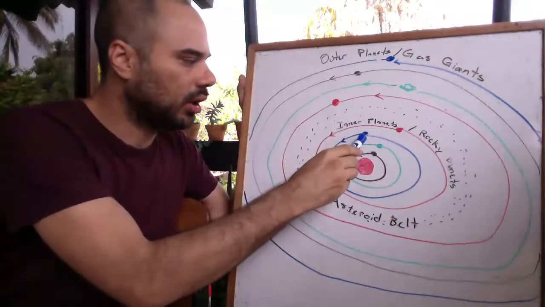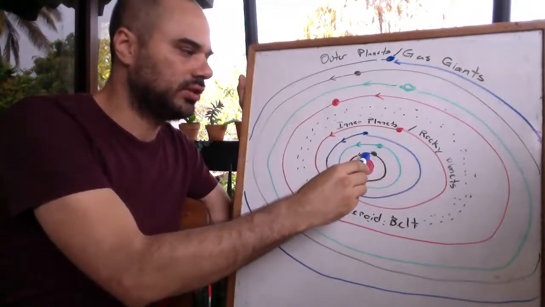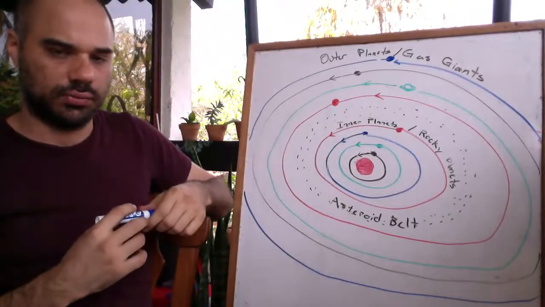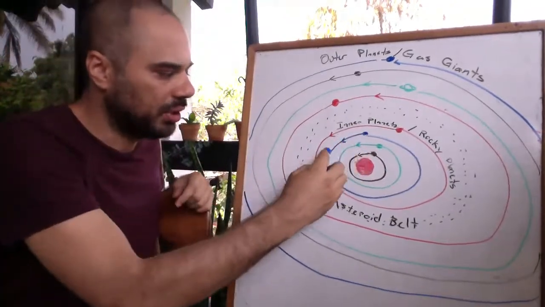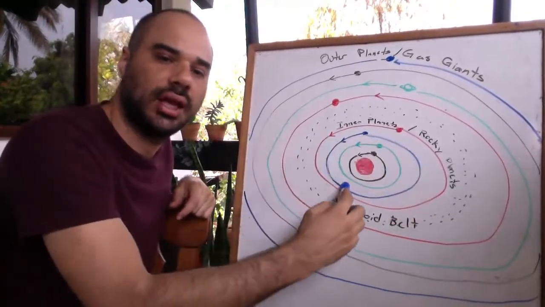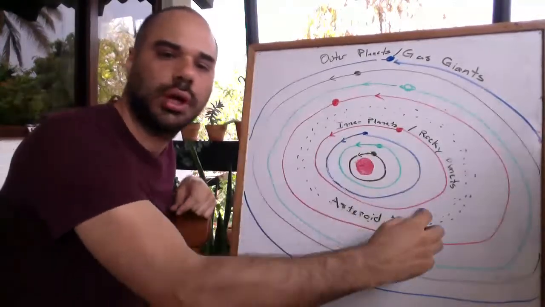The movement of any planet around its sun is called a revolution. So this is an orbit, and the orbit is the path that it makes in a revolution. Okay?